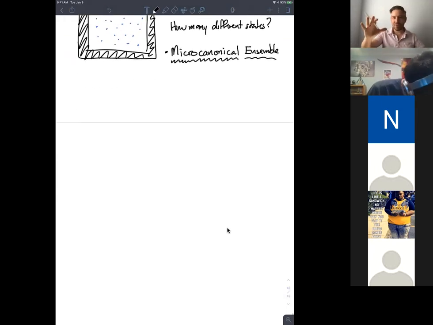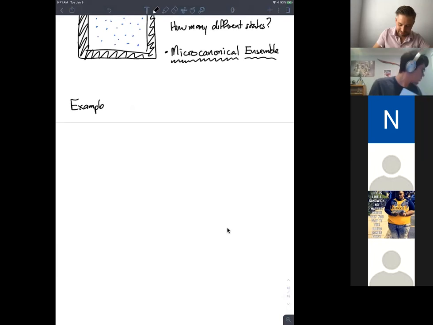All right, so let's get some experience talking about this problem using a physicist's best friend. Let's work through an example here. Physicist's best friend is the harmonic oscillator.